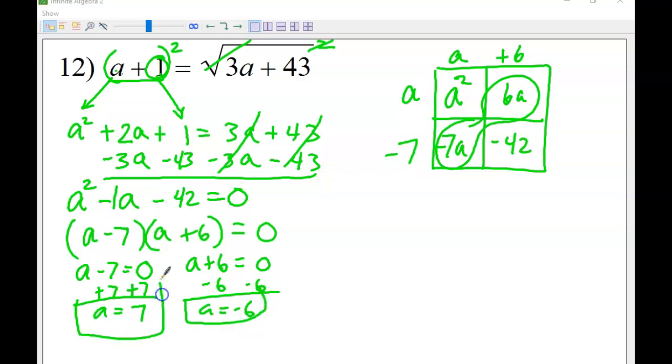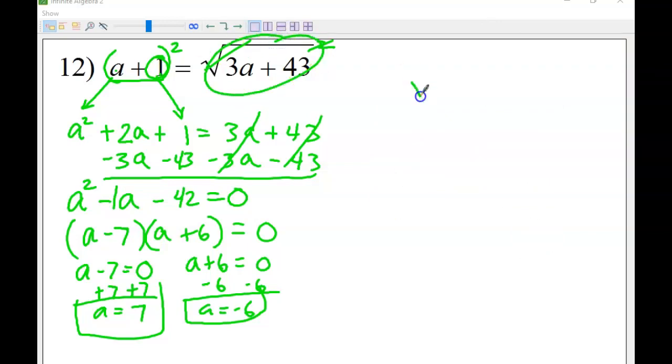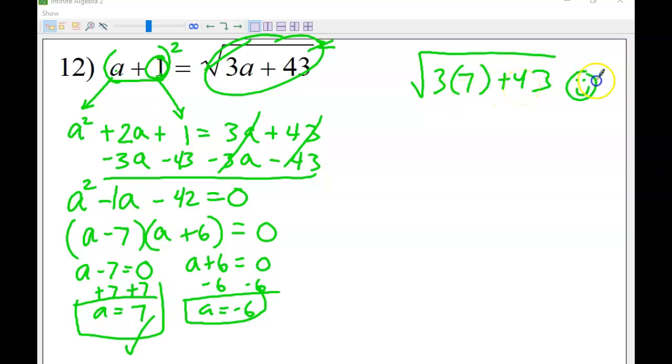Check our answers to make sure they don't make the radicand something it shouldn't be. The only radical we have is this one. So we have 3 times something plus 43. We want to make sure that 7 works, so let's do that. Well, if I plug in 7, that's going to be 21 plus 43. That's positive, so that's going to be good.